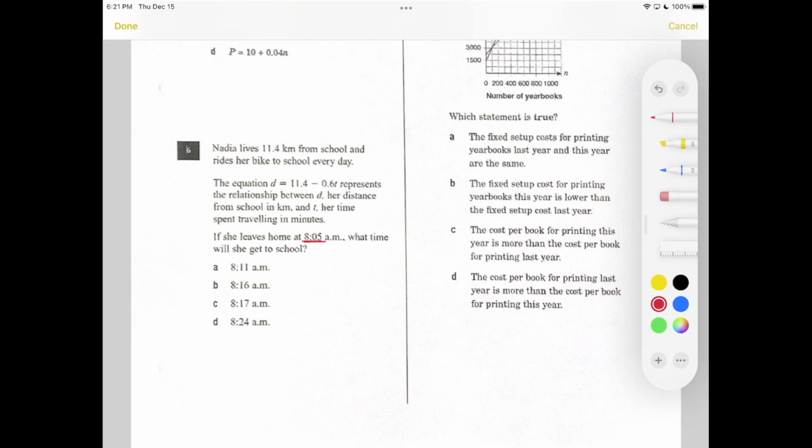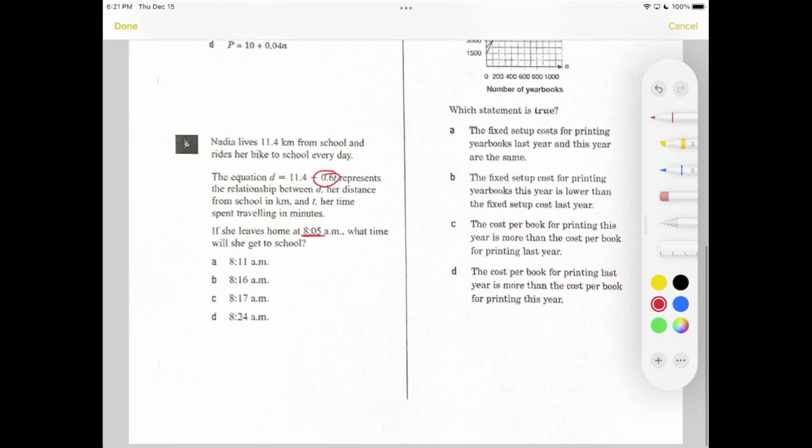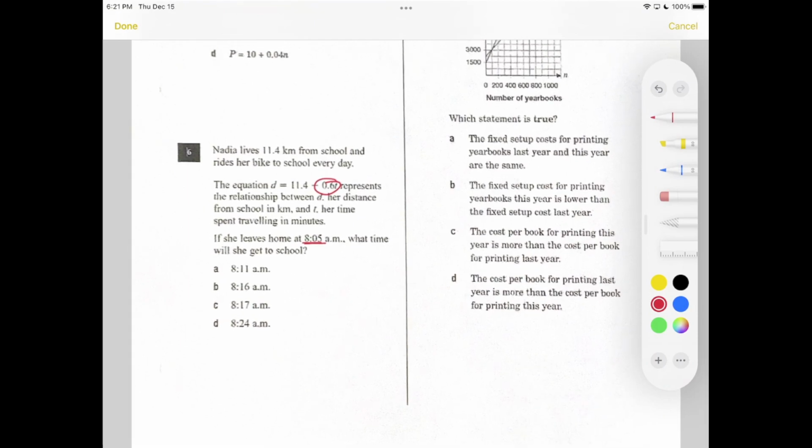Now, what we have to find out for this one is how long it takes for her to get to school, right? And the way we do this is we grab our total distance, 11.4, and then we divide it by 0.6.